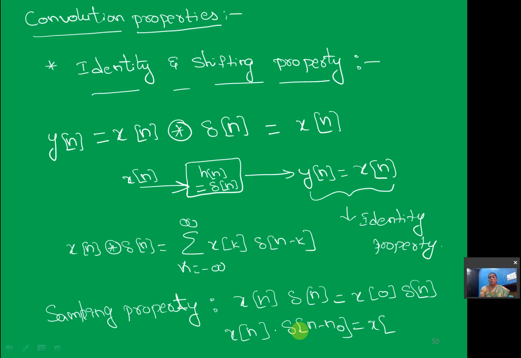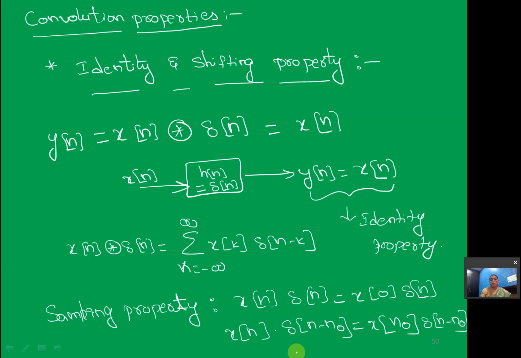If you multiply this with x of n, the value of x of n at n is equal to n naught will be the output. That means x of n naught amplitude value. To represent that signal, we place del of n minus n naught.